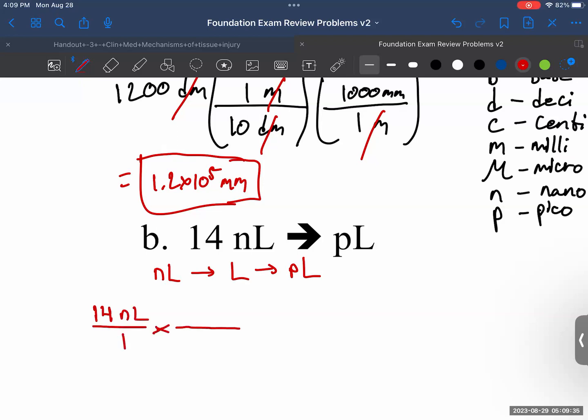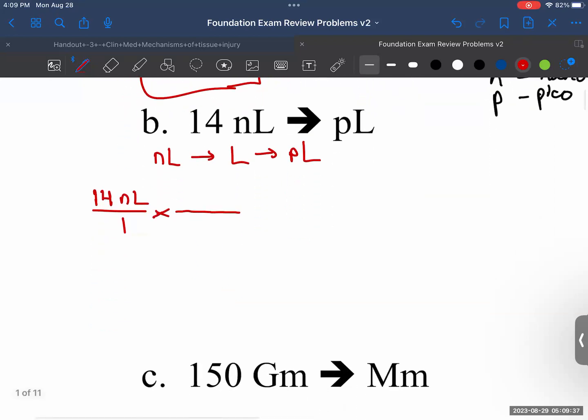I'll do it a little different than Rich. This is how I've done it since sophomore year of high school. How many nanoliters are in a liter or vice versa? What's the prefix? It's a power of -9. So we know that 1 liter equals 1 times 10 to the 9th nanoliters, or we can say that there's 1 times 10 to the -9th liters in 1 nanoliter.